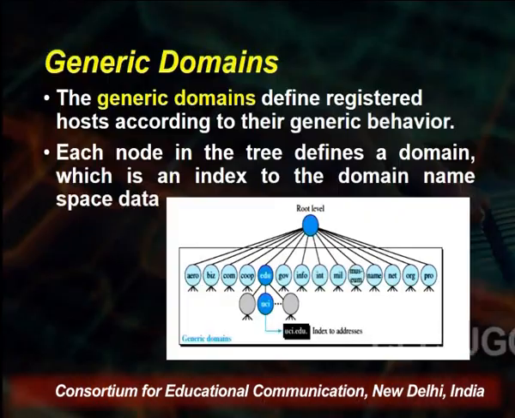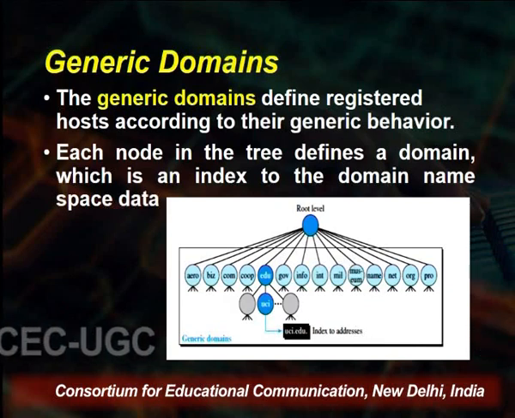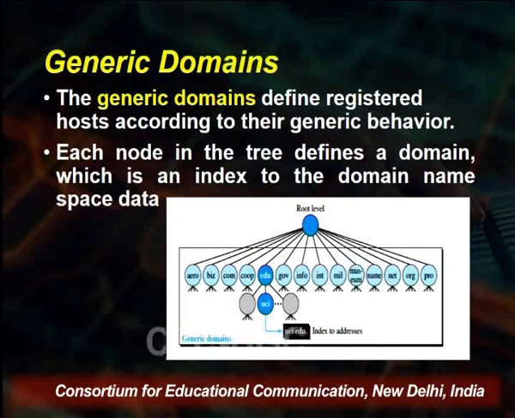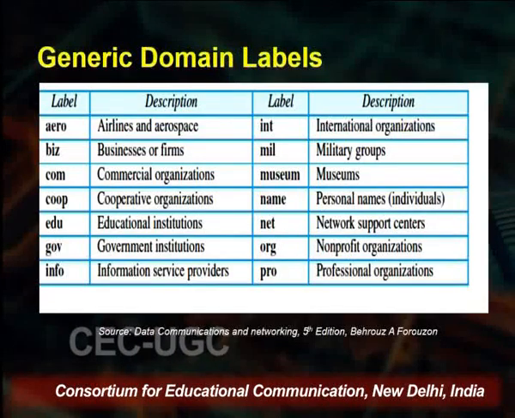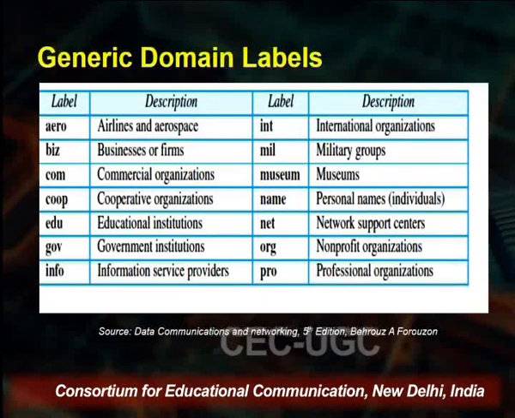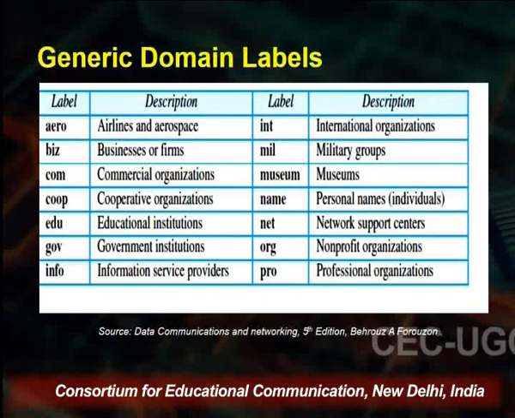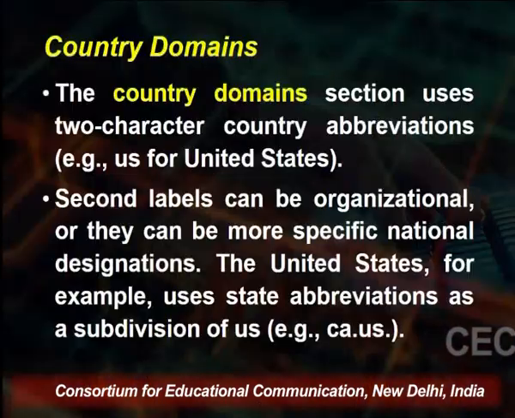Each node in the tree defines a domain, which is an index to the domain name space data. There can be n number of generic domains, like .com, .net, .gov, .info, .org, etc., right? Depending upon the behavior and the purpose of the organization, we can have a generic domain name.